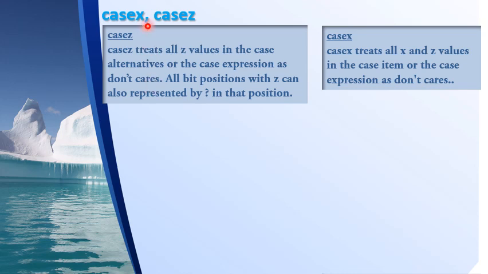But here, once you use casez, all the occurrences of Z are treated as don't care. Don't care means it could be anything, 0 or 1. Similarly, casex treats all X and Z values in the case item or the case expression as don't cares. So casex is the same as casez, but here it treats both X and Z as don't cares.